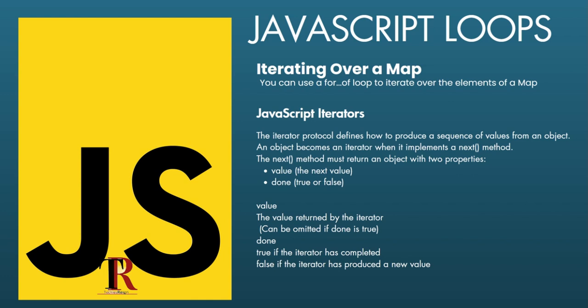Now, technically, iterables must implement the Symbol.iterator method. And in JavaScript, the following are iterables, which means that the parts of the language that implement the Symbol.iterator method are those that support iteration in JavaScript. Now we have seen strings, we have seen arrays, we have seen typed arrays, we have seen sets, and we have seen maps.